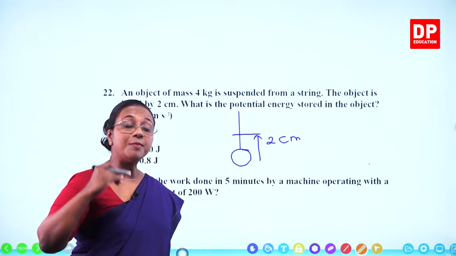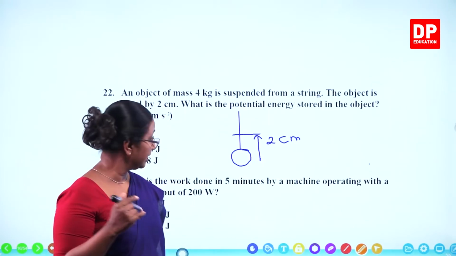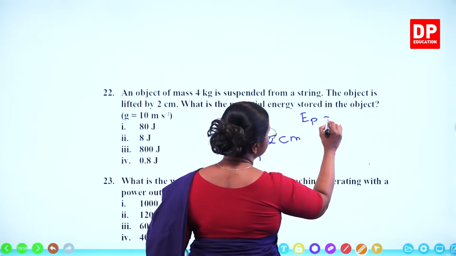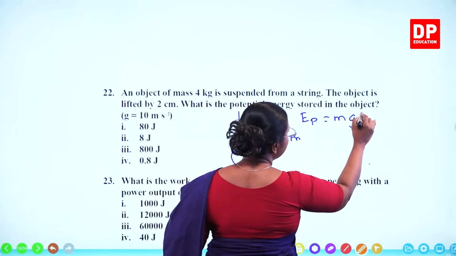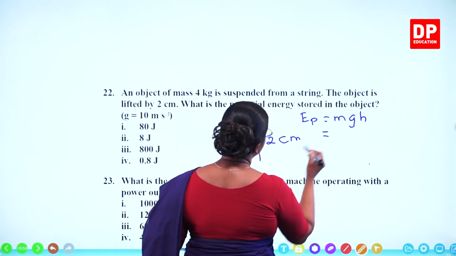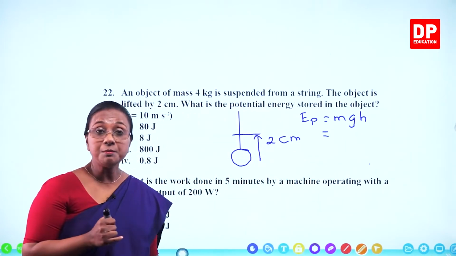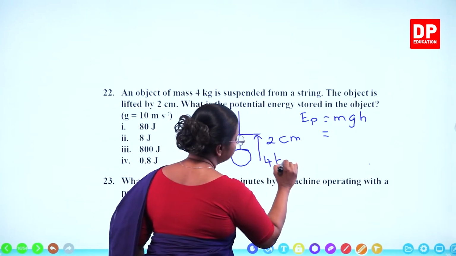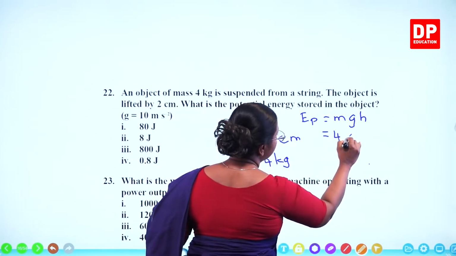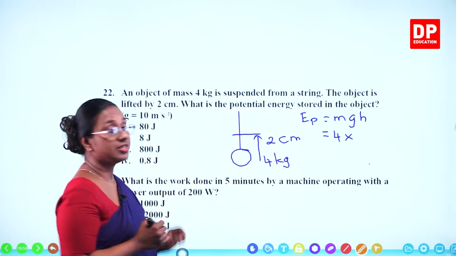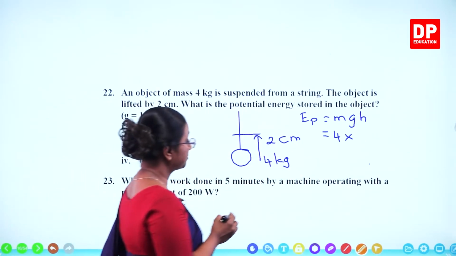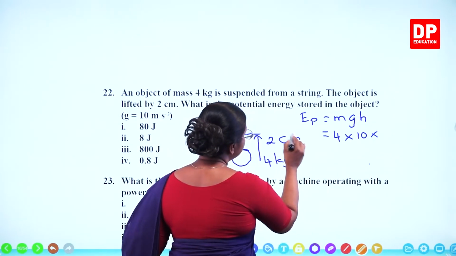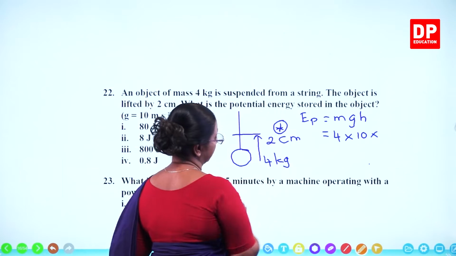So when it goes up, there will be potential energy gain. What is the equation for potential energy? EP is equal to mgh. So there we need the mass of the object that is given to us as 4 kg. So 4 into gravitational acceleration is given to us as 10 meters per second squared, 10, and h, this is in centimeters.